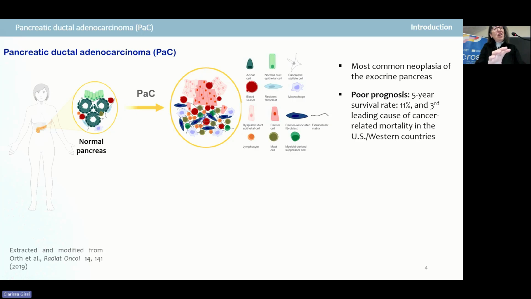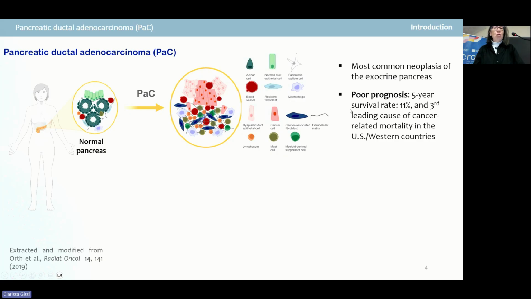As I said, we will talk about pancreatic cancer, in particular pancreatic ductal adenocarcinoma, which is the most common neoplasia of the exocrine pancreas, and it is a cancer with a very poor prognosis.